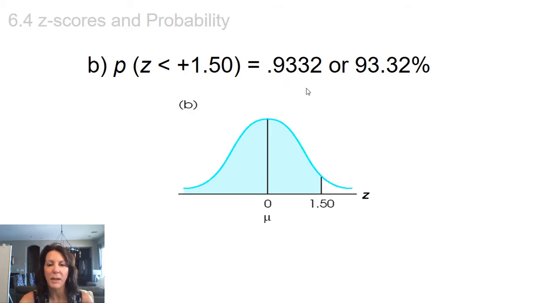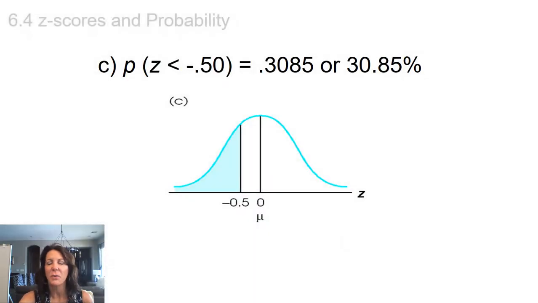That is the probability or the proportion. The probability of choosing a score less than 1.50, or the proportion of scores that are less than 1.50. And for interpretation, we can multiply it by 100 and say there's a 93.32% chance of finding a z-score less than 1.50 in the normal distribution.